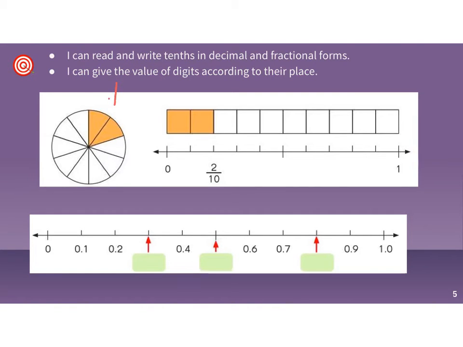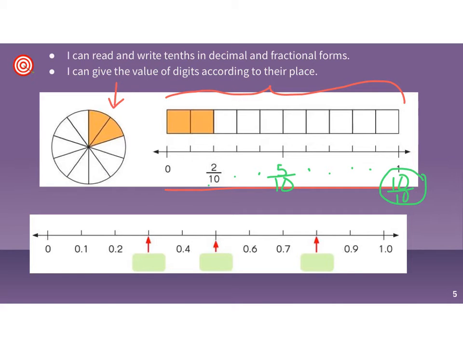Maybe you like visualizing circles, maybe bars, and maybe number lines. But the thing I want to point out here is that there are 10/10 in every whole, right? So if I were to count 2/10, 3/10, 4/10, 5/10, 6/10, 7/10, 8/10, 9/10, once I get to 10/10, I have 1 whole.